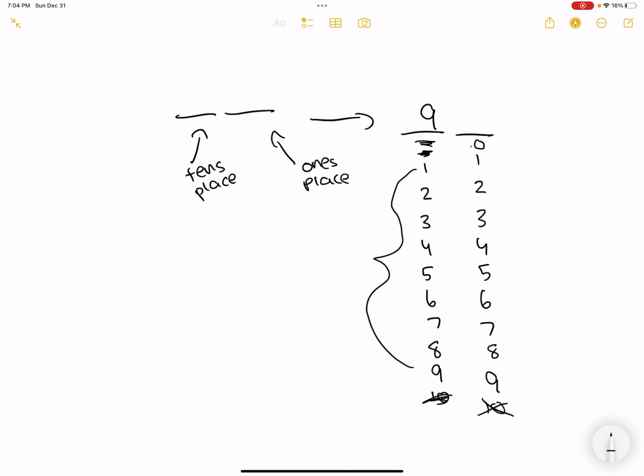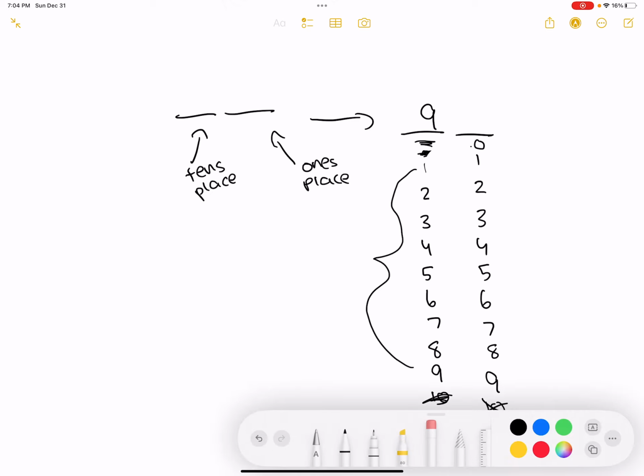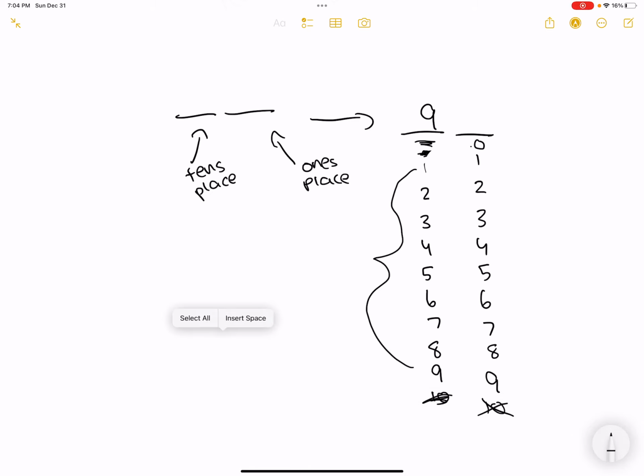But if you remember, the problem is asking for distinct digits. So all of the digits have to be different. So for example, if in the 9 options I have here, I chose 2 for my tens digit, then for the ones place, I can't choose 2 again because all of the digits have to be different.